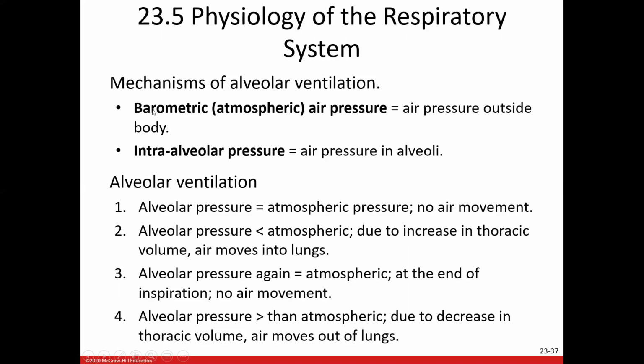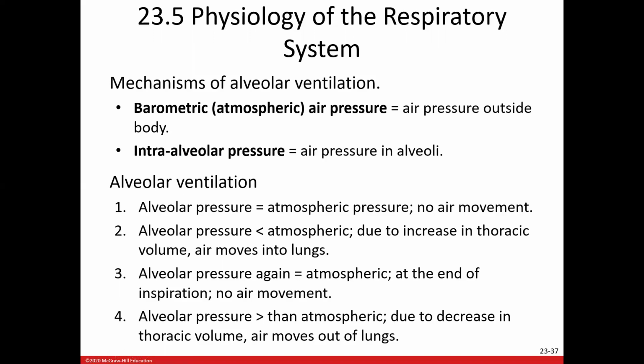We have what's called barometric or atmospheric air pressure. This is just air pressure outside the body, so just in the air around you. And then we have your intra-alveolar pressure, which is just the air pressure in the alveoli, the smallest structure you have in the lungs.